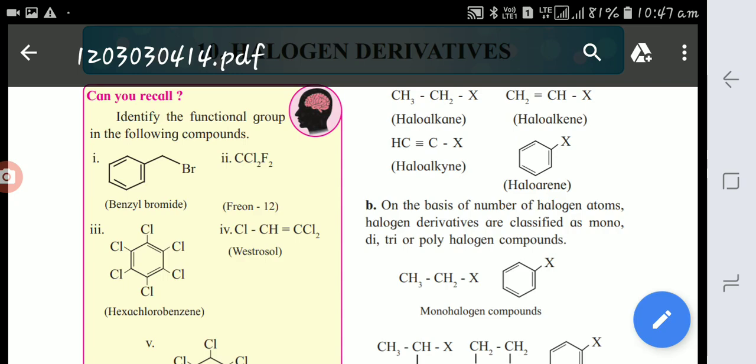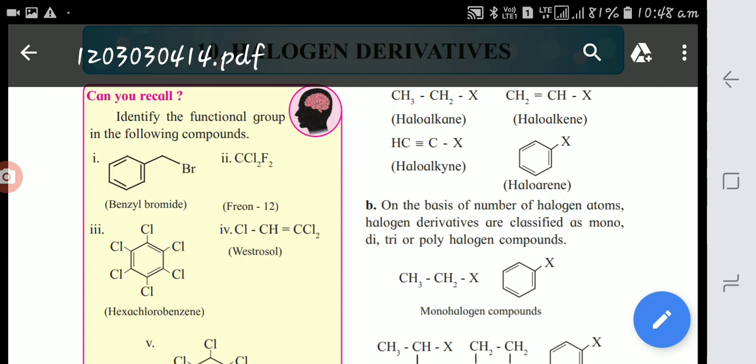Can you identify the functional group in benzyl bromide? It is Br. In Freon 12, there are 2 chlorine and 2 fluorine, so a total of 4 functional group atoms are there. Out of that, 2 are chlorine and 2 are fluorine.